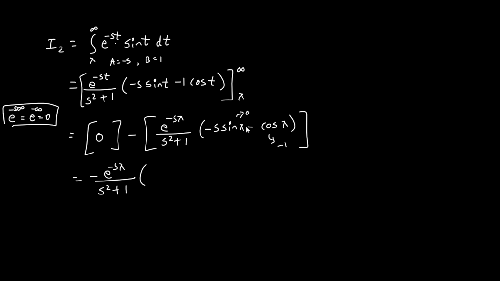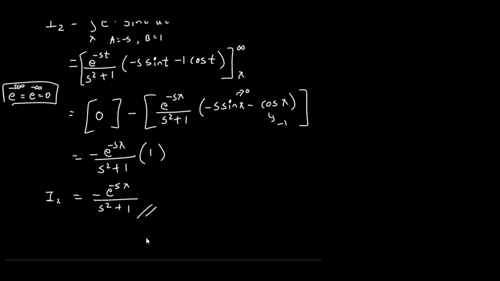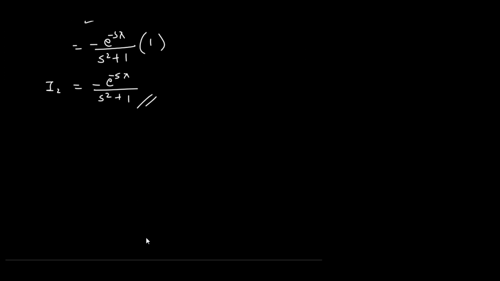So this minus and this minus get plus, so it will become 1. Then if we multiply, this will be the answer, and this is I2.